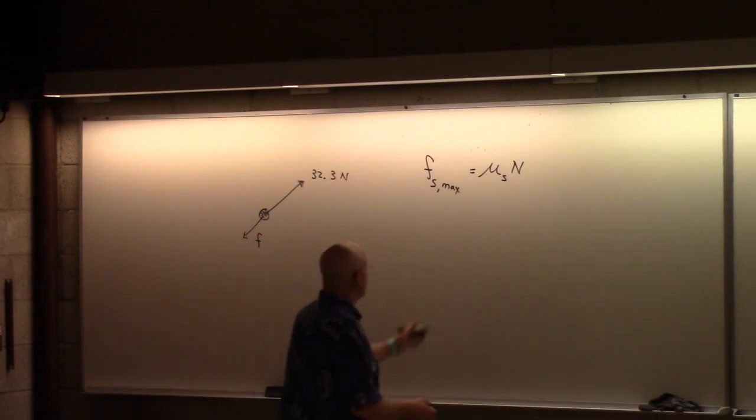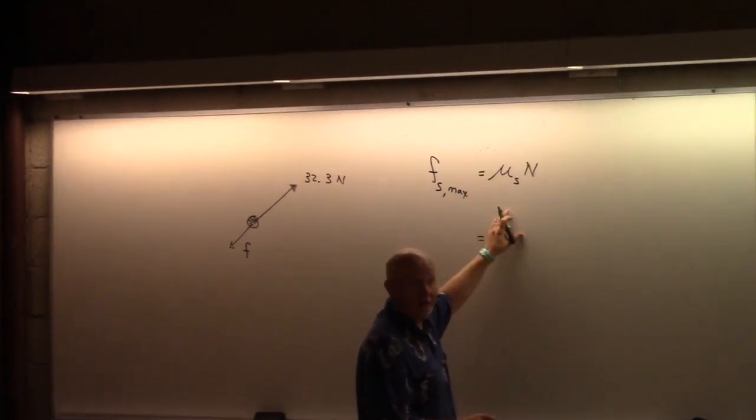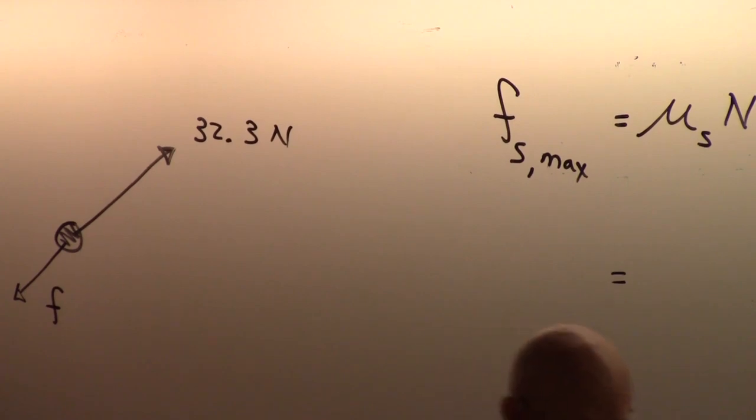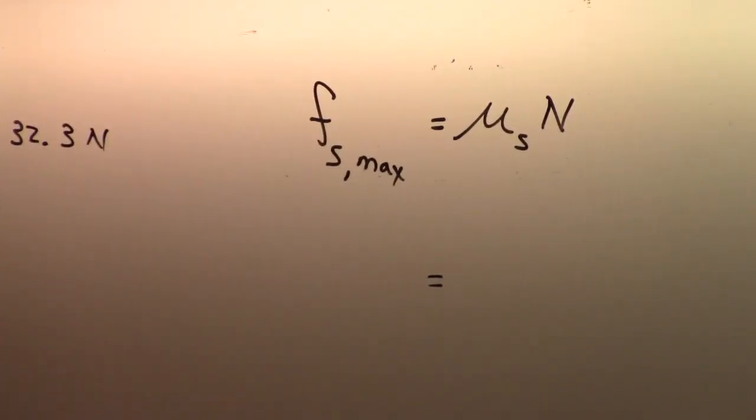Okay? So we're going to need two things. First of all, this coefficient. So without changing my PDF here, I'm going to go back to table 1. I'm going to scan down here, and somewhere here it said steel on ice.